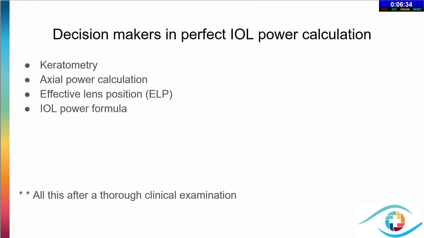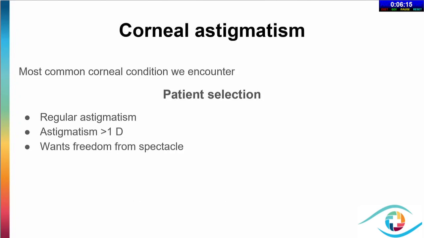Corneal astigmatism: regular corneal astigmatism is the most common condition that we encounter every day, so I'll just quickly run through this. The selection of a patient for any toric IOL is based on regular astigmatism of more than one diopter, and the patient demanding freedom from spectacles.